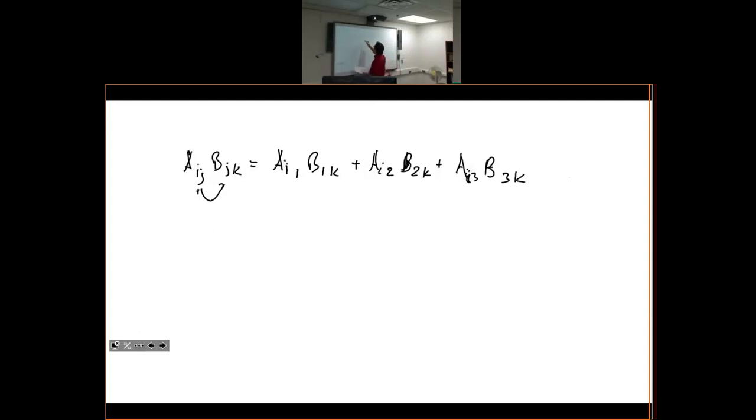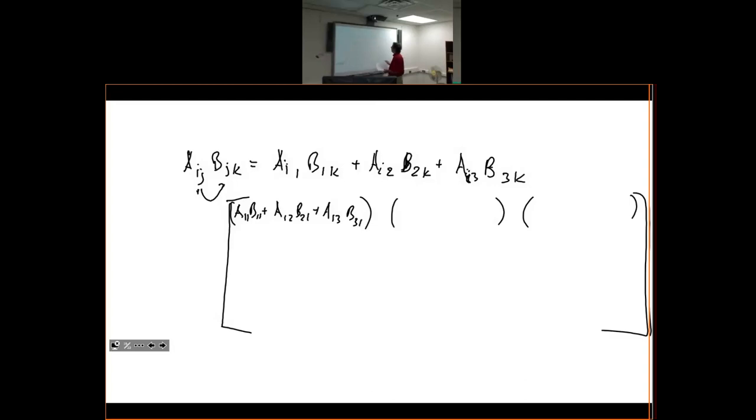But i and k are basically terms that need to be put in the matrix. So if i is 1 and k is 1, it would be A11 B11 plus A12 B21 plus A13 B31. This is the first term of this matrix, and so on.